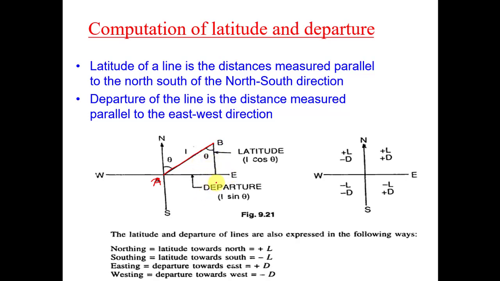The first component is your departure, and the second component is your latitude. If this is the length L, the latitude is L cos theta and departure is L sin theta. But this departure and latitude are the lengths of line AB in the y-axis and in the x-axis.